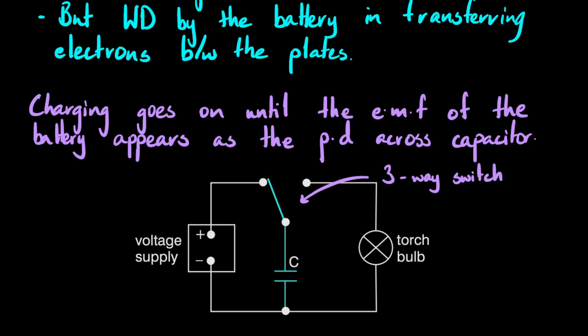So what is being shown here in this diagram is initially the switch is in this position. So this circuit part is basically active. So the positive voltage supply is basically making this end of the capacitor positive, and then this one is making this end negative. And we just talked about the idea as to how long does this process go on. So it goes on until whatever this voltage is, that appears across the capacitor, right?